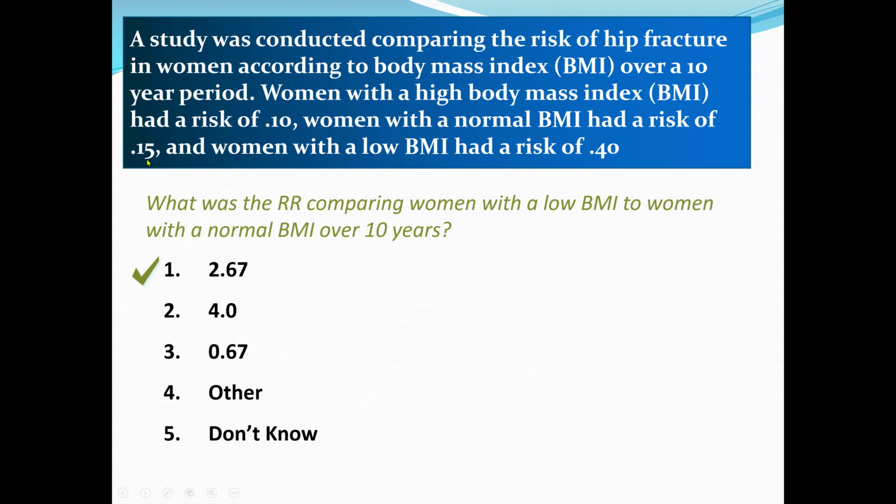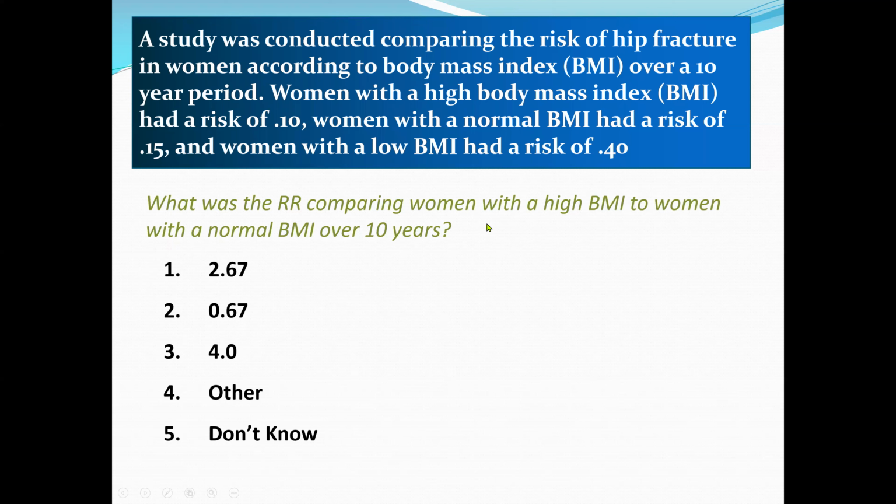And always we divide the cumulative incidence of exposed by the cumulative incidence of unexposed. So we can see the relative risk is 2.67. The reason is that the risk for low is 0.40 and normal is only 0.15. Relative means ratio, so we divide exposed by not exposed.